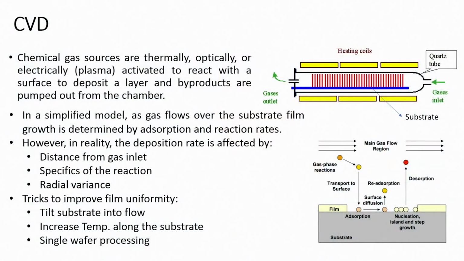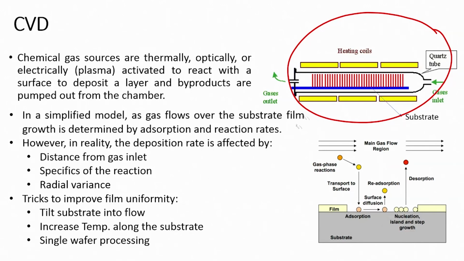Having said that, let us see what kinds of chemical vapor deposition there are and what exactly chemical vapor deposition means. If you recall, we saw this kind of arrangement when we were discussing wet oxidation and dry oxidation.